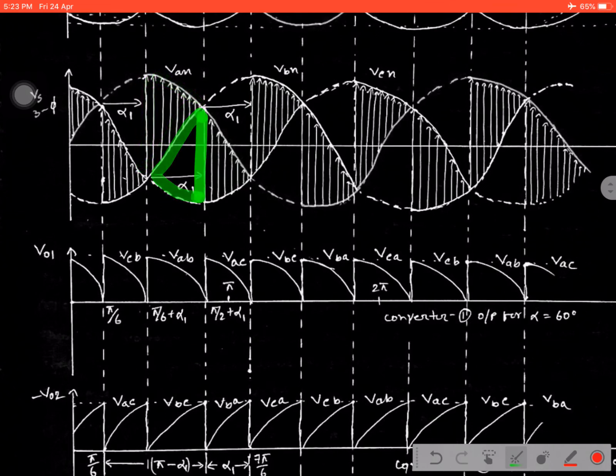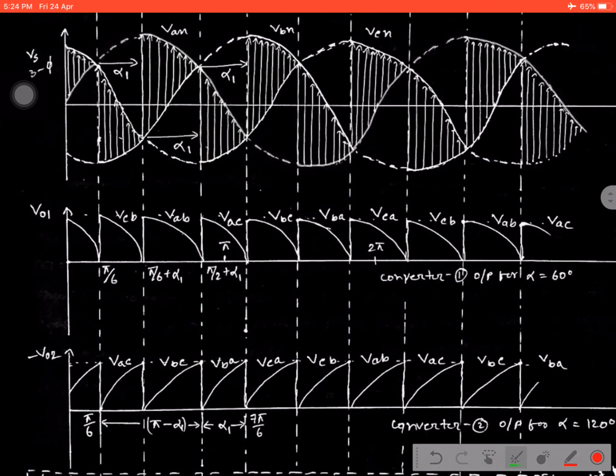As we know, the developed voltage appearing across the load is the line voltage, the difference between two phase voltages. That is why, as explained before, it is VAB. Now when the second converter starts working in the same region, what will be the voltage appearing across the load? In the similar way, it is the potential difference between two phase voltages appearing across the load.